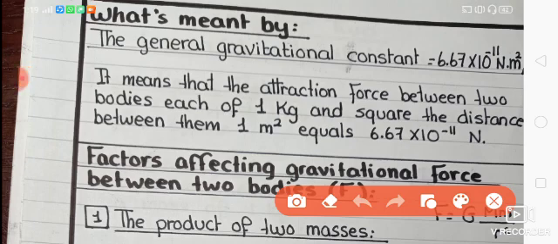What is meant by the general gravitational constant equals 6.67 times 10 to the power negative 11? It means that the attraction force between two bodies, each of them 1 kilogram, and the square of the distance between them is 1 meter squared, equals 6.67 times 10 to the power negative 11 Newton.